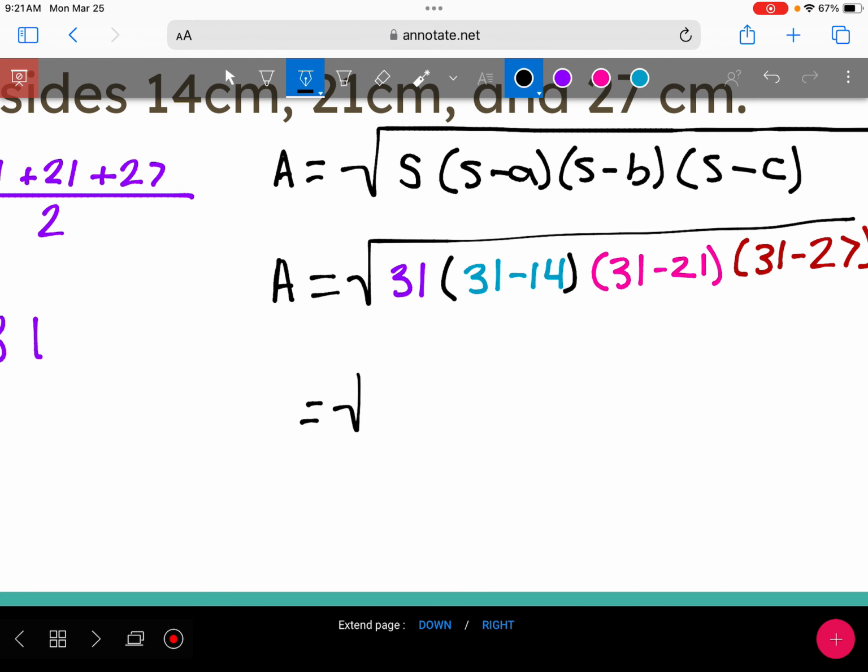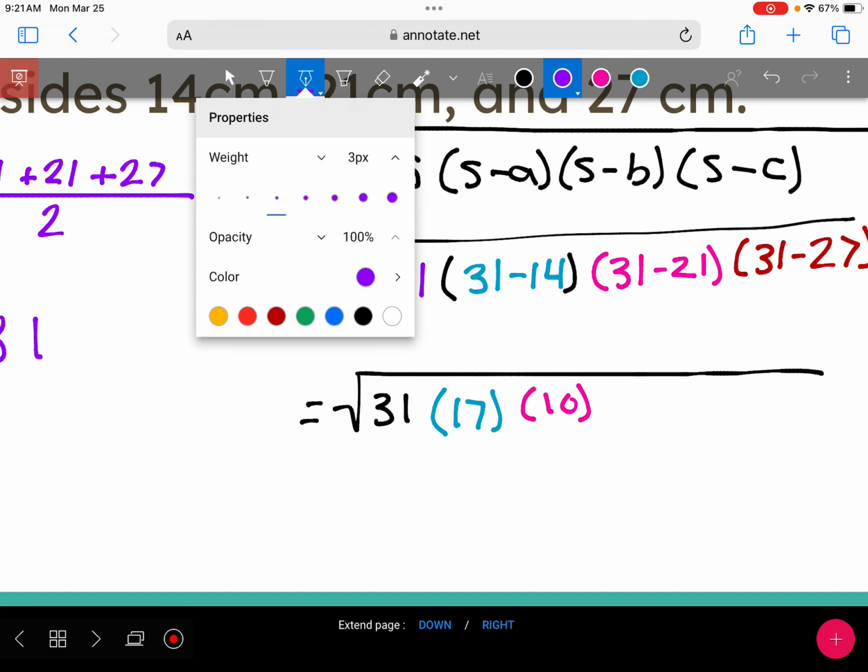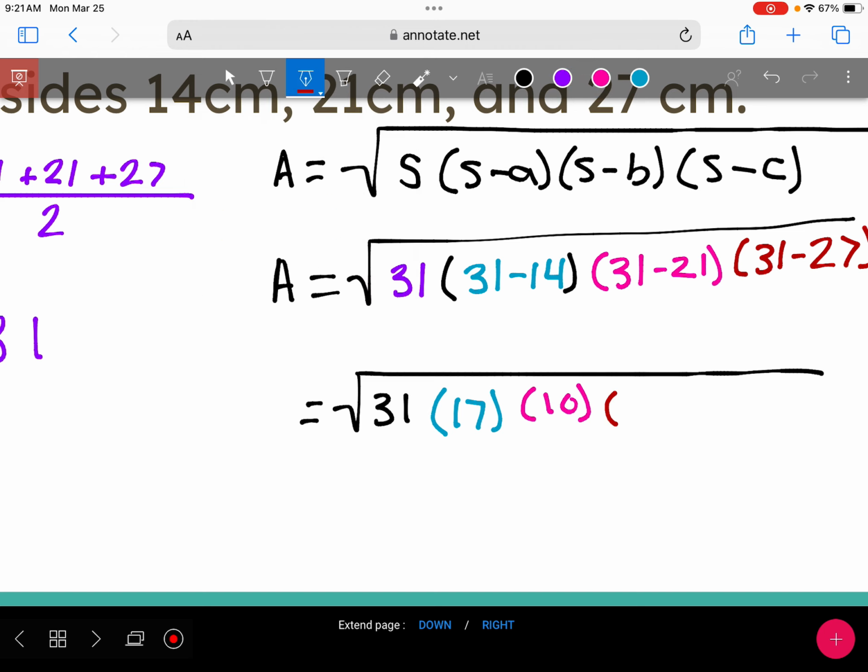And if we are super confident in our ability to type things in the calculator, you can just go. But I know I'm not that good at typing accurately. So we're going to simplify this a little bit. We're going to have our 31 times 31 minus 14 is 17, 31 minus 21 is 10, and 31 minus 27 is 4.